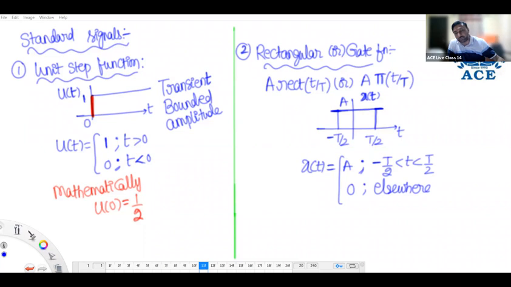In the entire Fourier transform chapter, we are going to learn that a rectangle in one domain becomes a sinc function in another domain. 3-4 days we are learning only on this signal. That is the second signal we have, rectangular function or gate function.